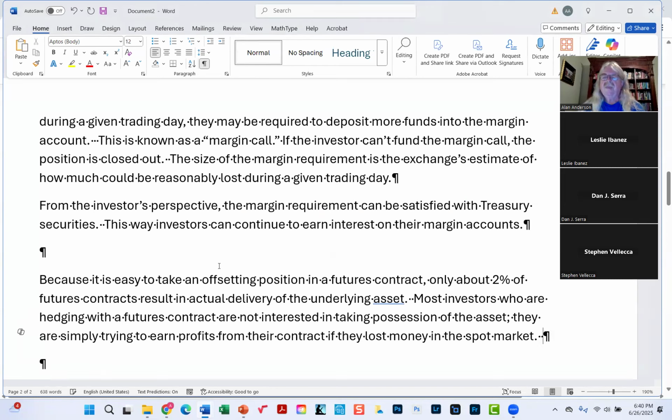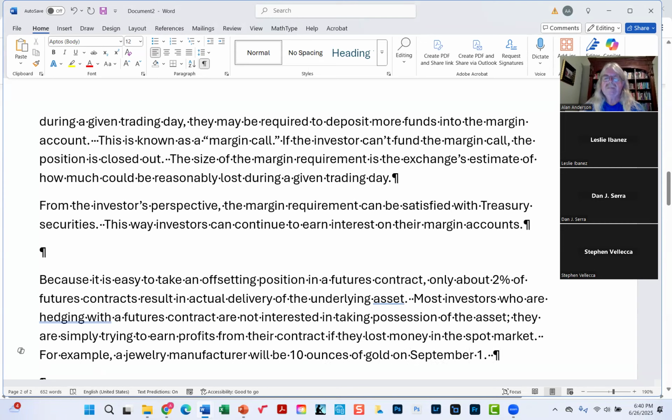So in other words, for example, a jewelry manufacturer will buy 10 ounces of gold on September 1st. The futures price is currently, let's say, $3,500.